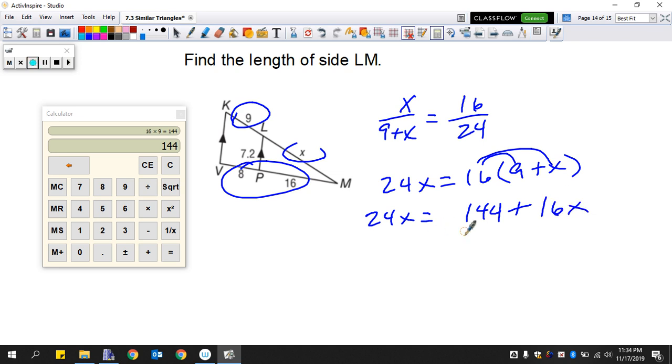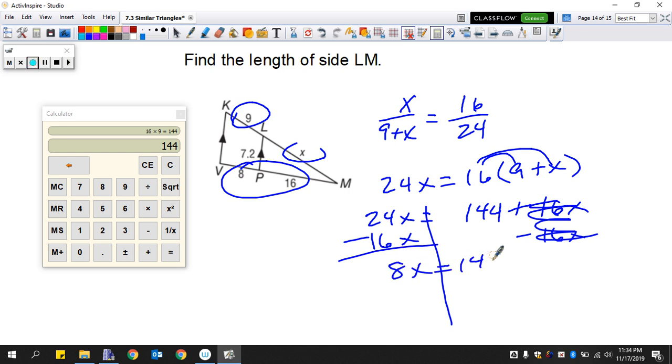Solve: we're going to subtract 16x from both sides, and 16x minus 16x cancels out. We end up with 8x is equal to 144, divided by 8. And 144 divided by 8 gives x is equal to 18.